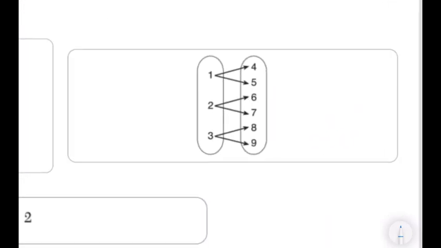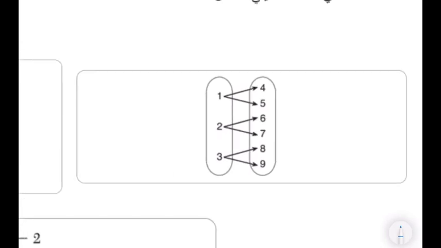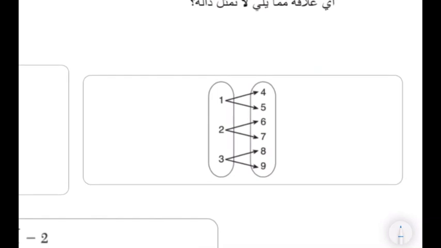Let's go over here. This is a different story. As we can see here, 1 corresponds to 4 and 5. 2 corresponds to 6 and 7. 3 corresponds to 8 and 9. As we said, a function is a relation where every input corresponds to only one y value.